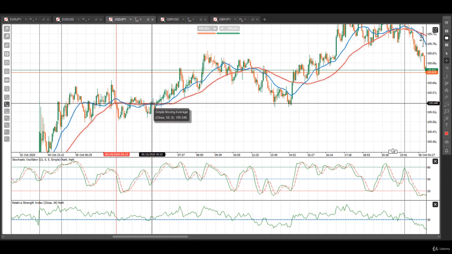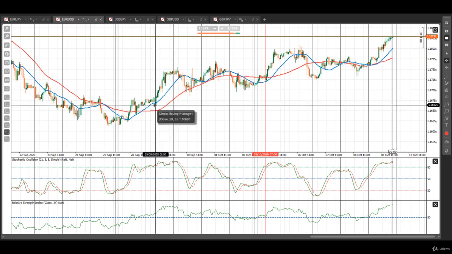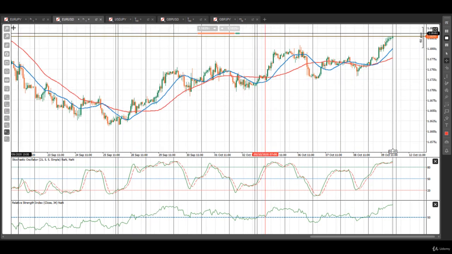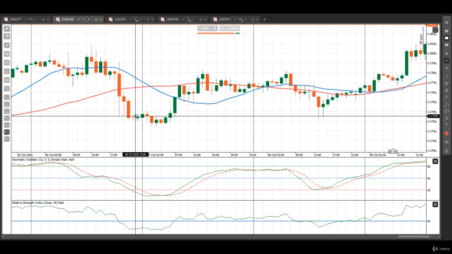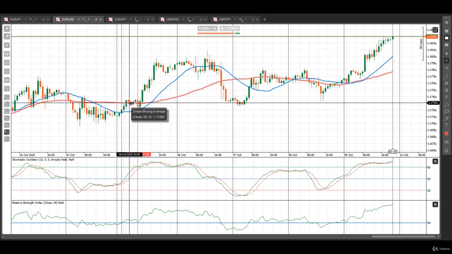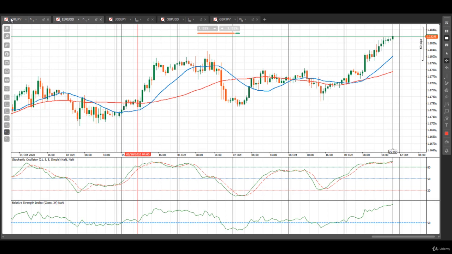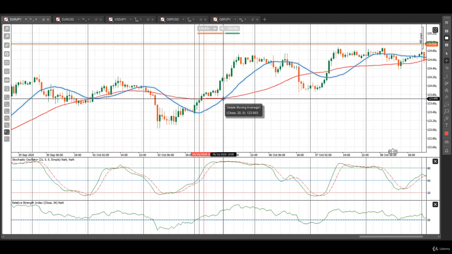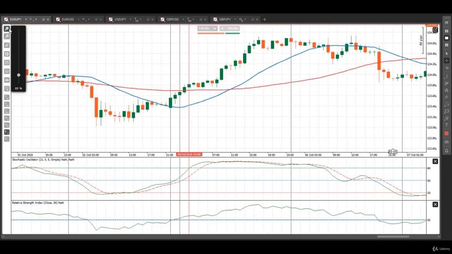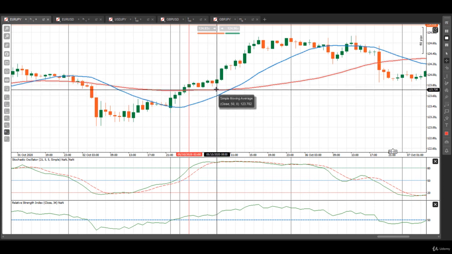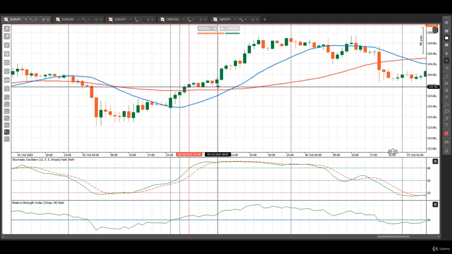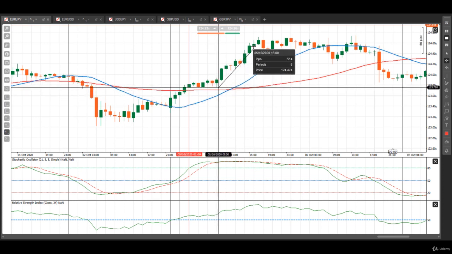At the lower time frame here, USD JPY trending up, Euro USD here at this date trending up. We have to choose Euro Yen. So let's measure right now the points at 8 a.m. to the high. We have 96 points.